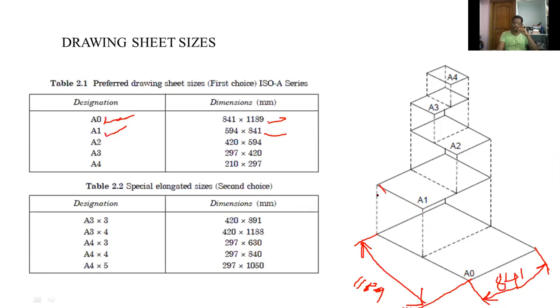Okay, so from here to here, the length is half of this length, that is 594.